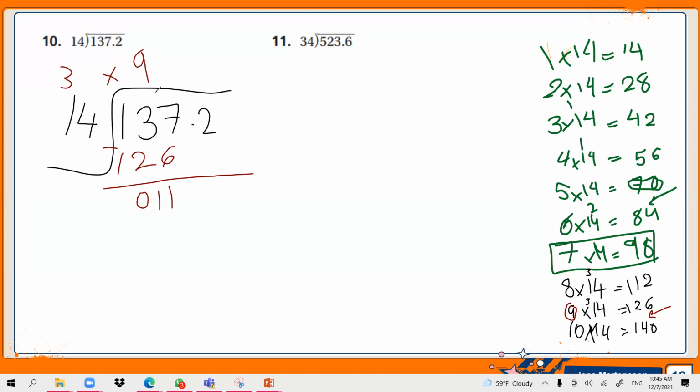So first, after you multiply, you have to subtract. Then the next, what do you have to do? But first of all, what do you have here? Yes.